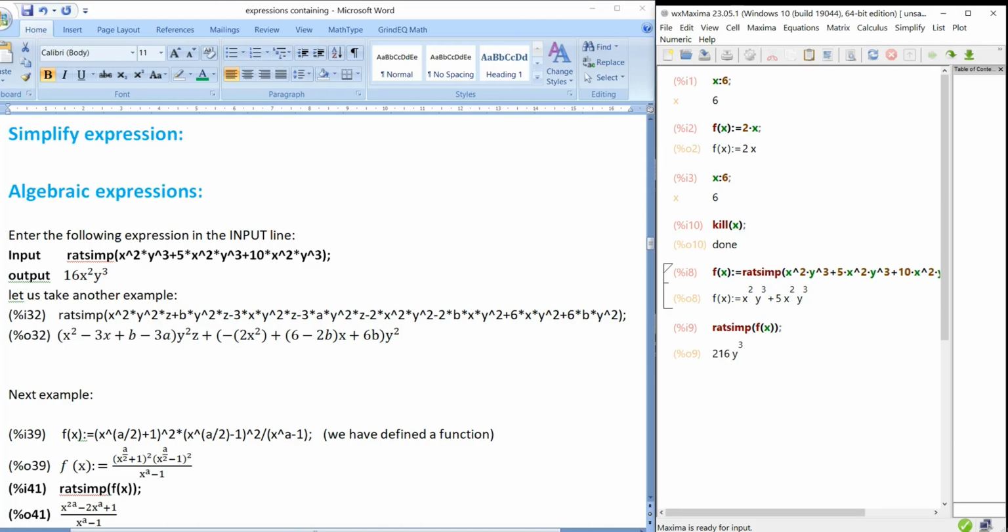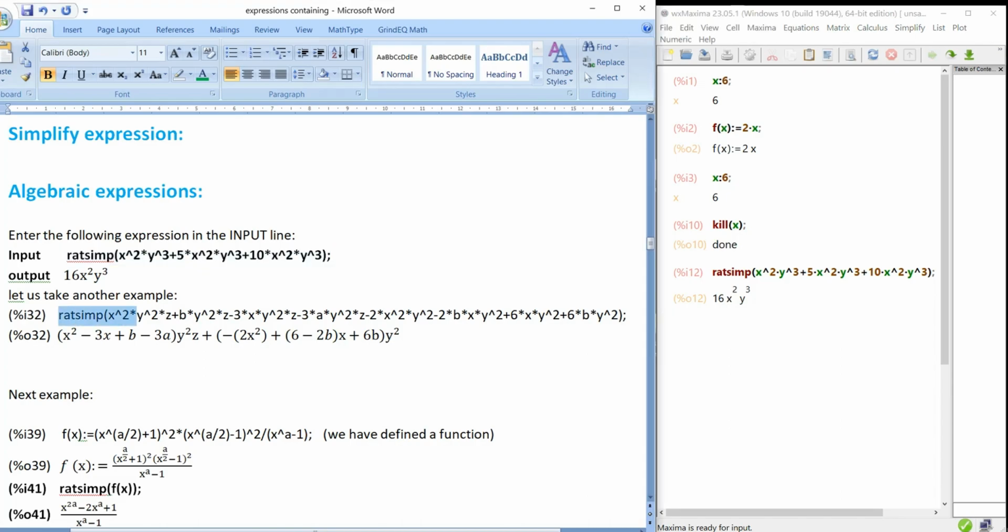I again copy and paste it. Shift enter. Now it is showing the correct answer, 16 x square y cube. So this is how we simplify the algebraic expression.